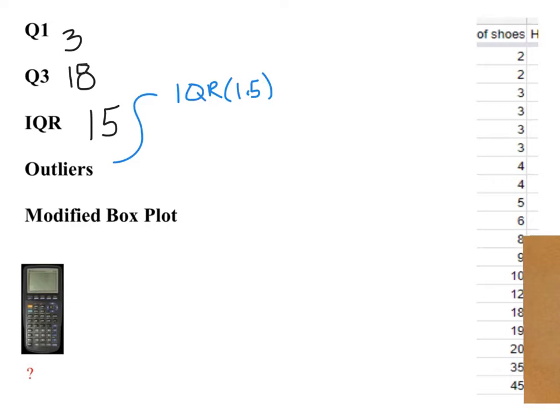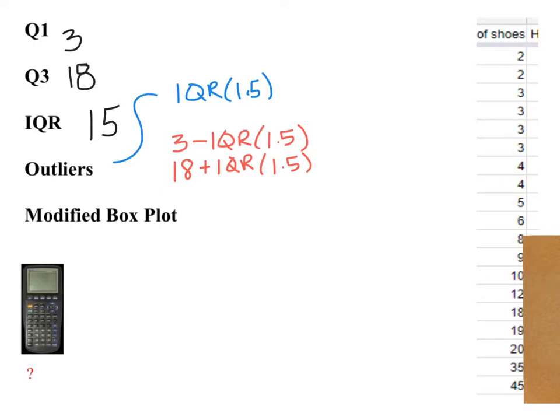And here's how you use this. You take your Q1 and subtract your IQR times 1.5. And you take your Q3 and you add your IQR times 1.5. So our IQR was 15, so 15 times 1.5 is 22.5.